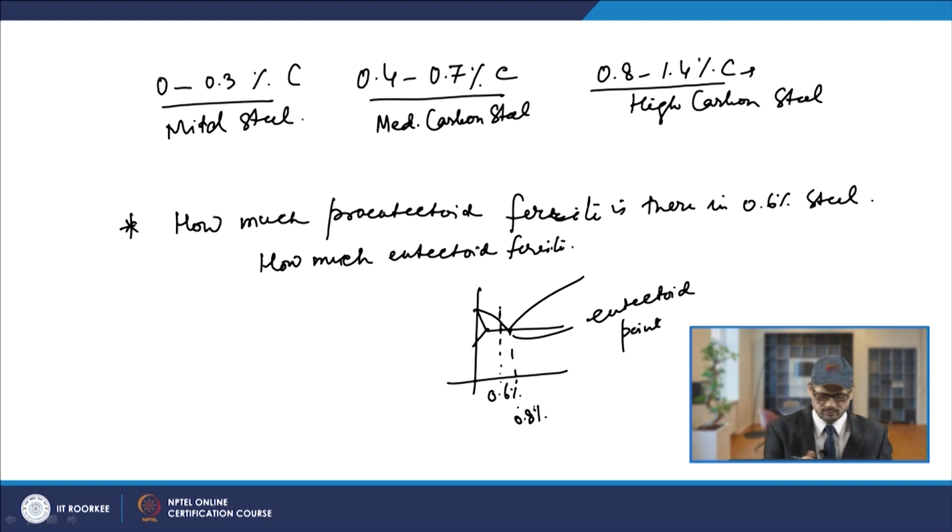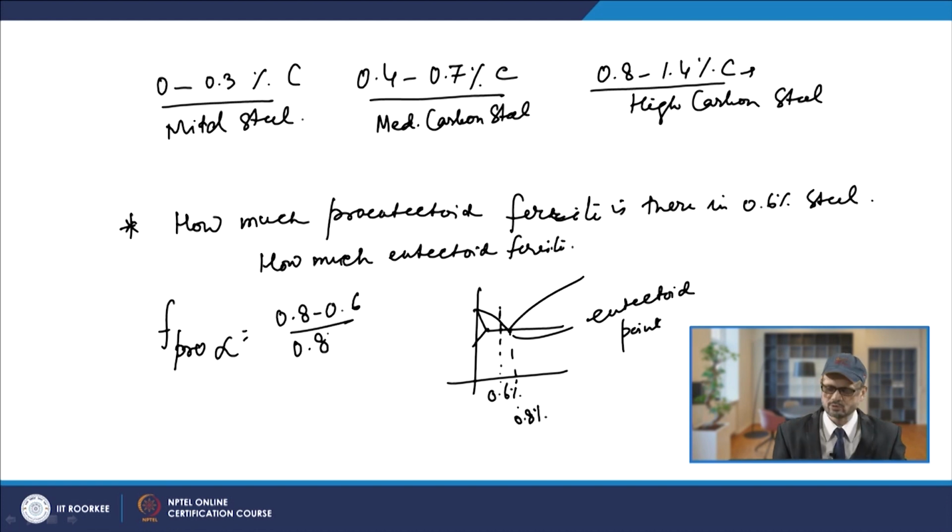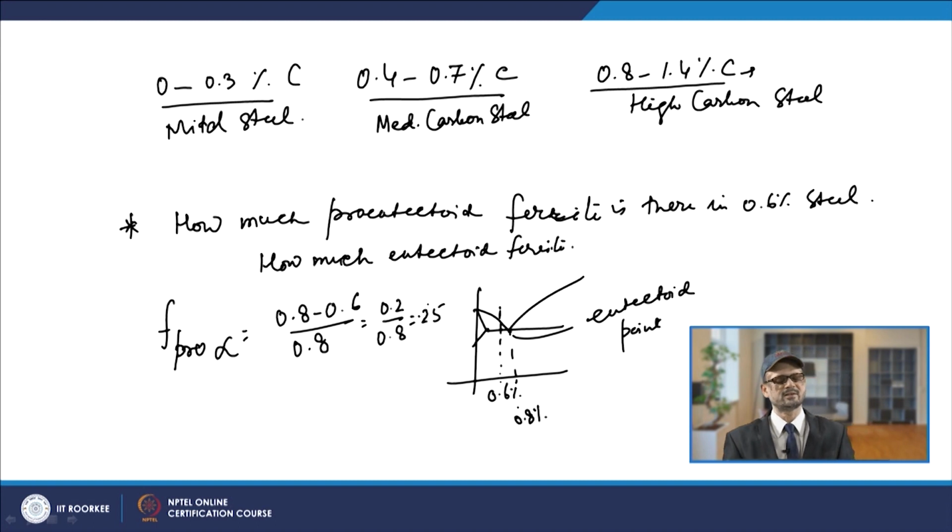The amount of pro-eutectoid ferrite will be 0.8 minus 0.6 divided by 0.8, taking this small value as negligible. So it will be 0.2 upon 0.8, which is 0.25. So, 25% will be the pro-eutectoid ferrite that is formed.